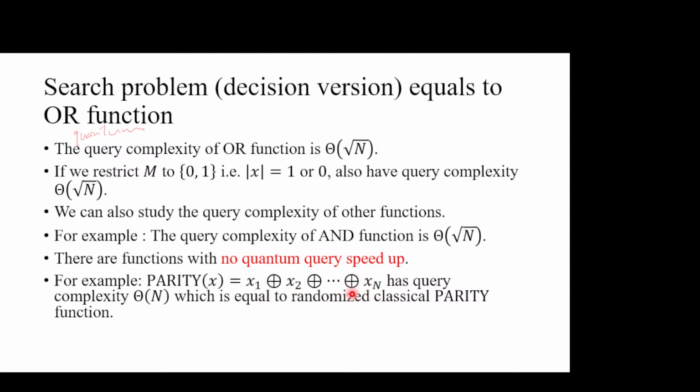If it is odd, then all those x together will give you 1. So parity basically asks whether the number of 1s is even or odd. If it is odd, then parity gives you 1, and if it is even, then parity is 0.